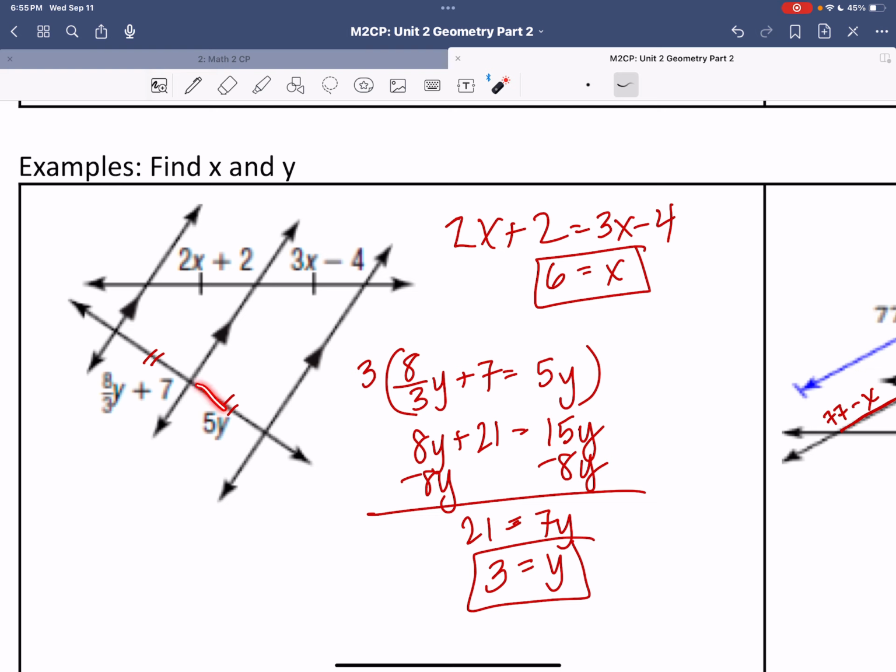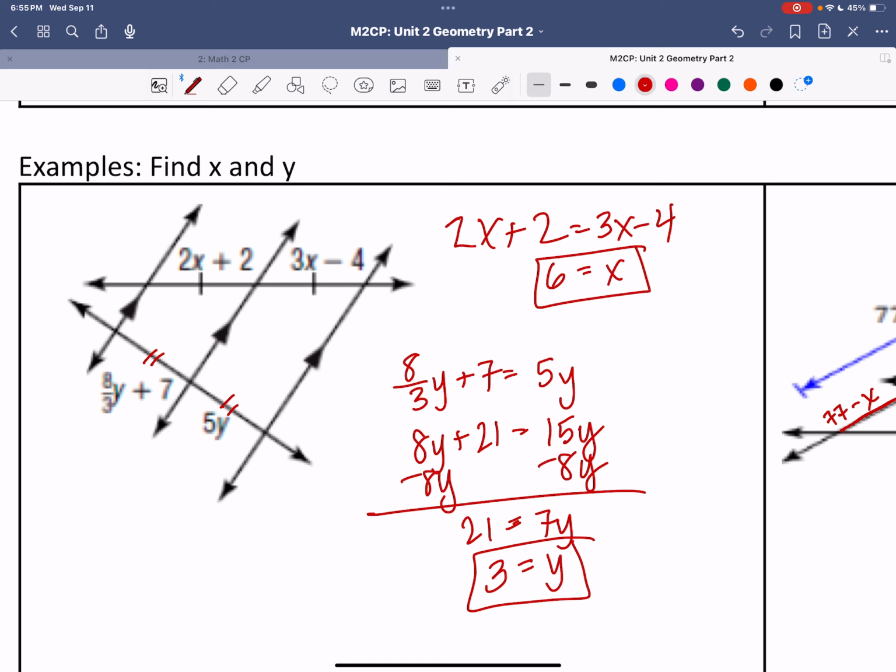For this next part, you're going to do the same thing. This line and this line are both congruent, so you're going to set those two equal. Let me show you a little math magic here. This is equal to that.